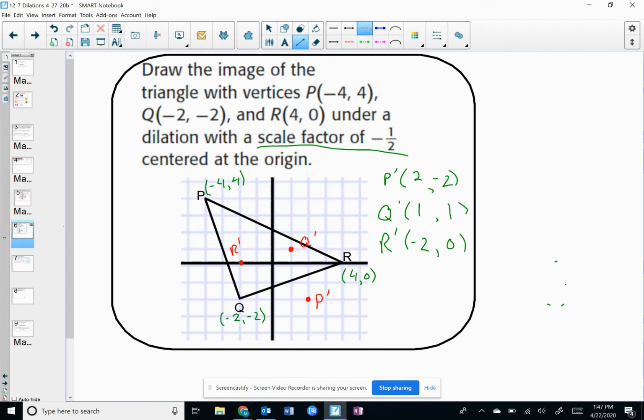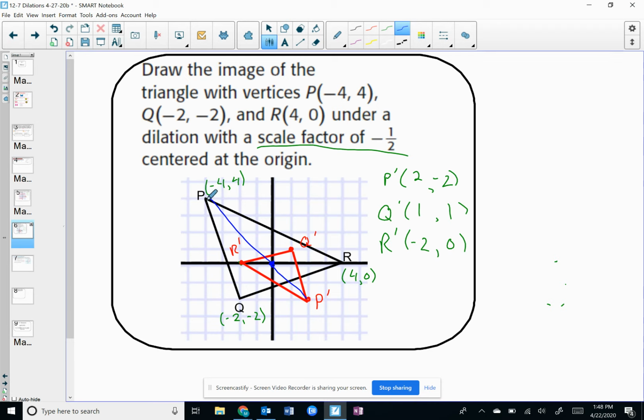So we connect these, P prime to Q prime to R prime back to P prime. Now, the weird thing about this one is, because it had a negative scale factor, here's the origin. If I were to draw a line to P, a negative scale factor means it gets reflected, and then it goes in the opposite direction.